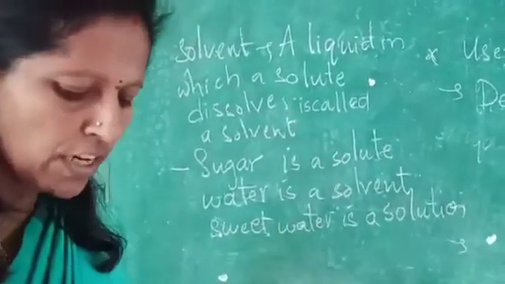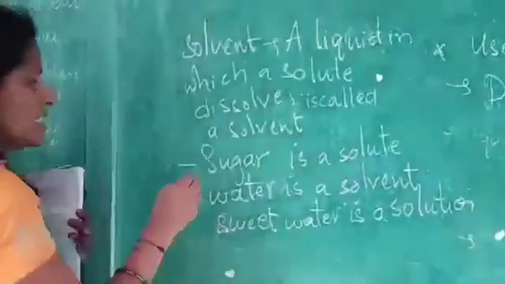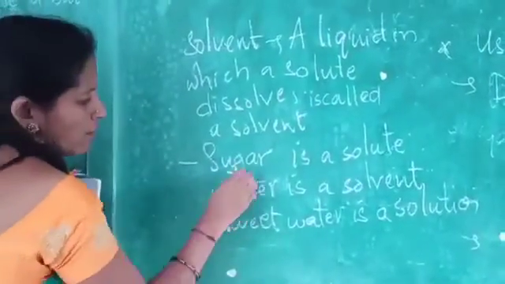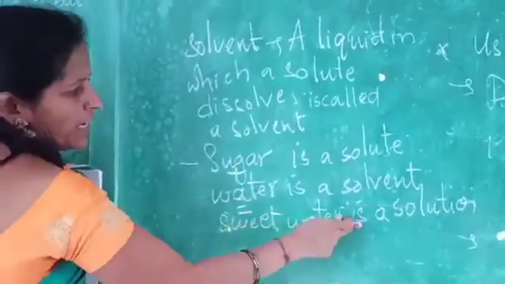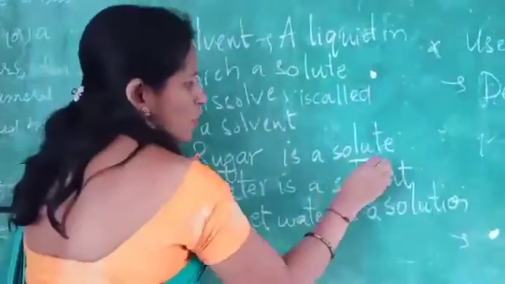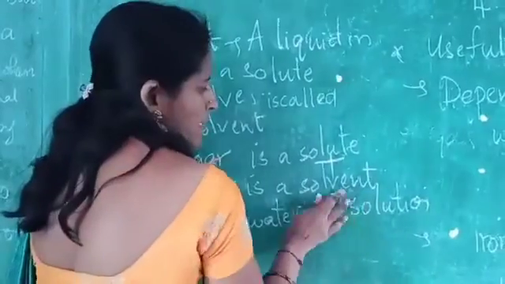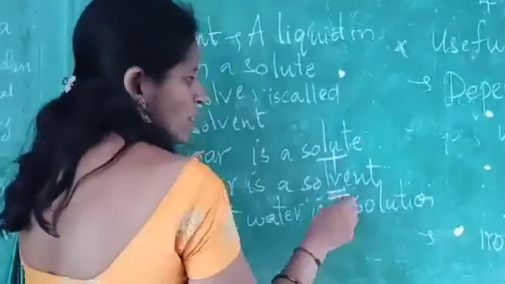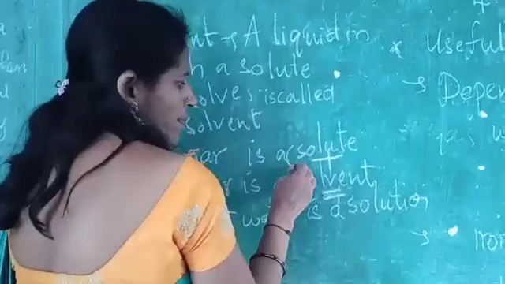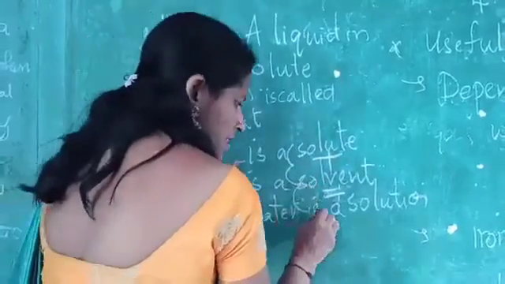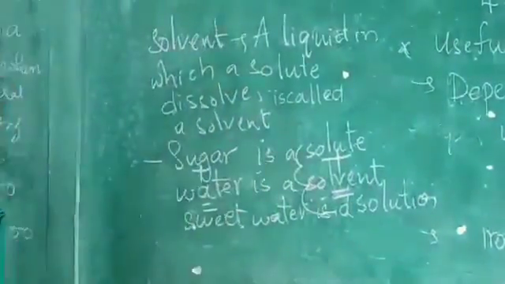Sugar plus water is equal to solution. See here, solute plus solvent is equal to solution. So solute, then solvent, then solution.